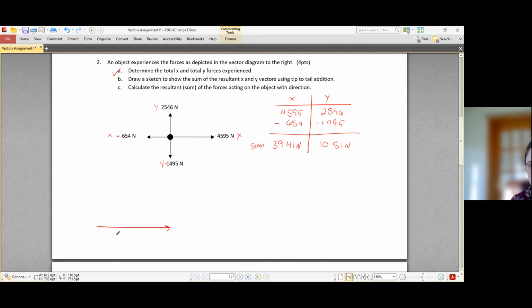So in the positive x direction, we have 3,941 newtons, and in the positive y direction, straight up from that, we have 1,051 newtons. And what we are, oops, let's change that. It's 1,051.